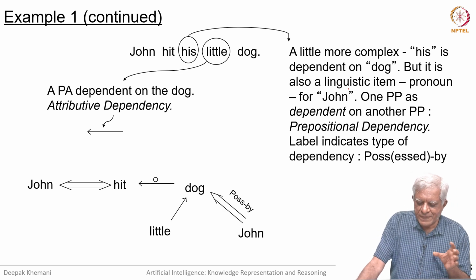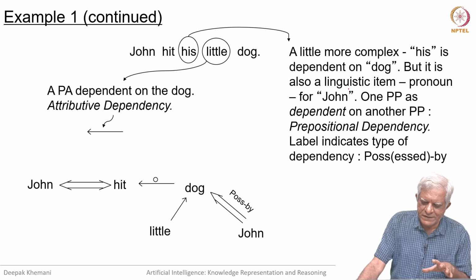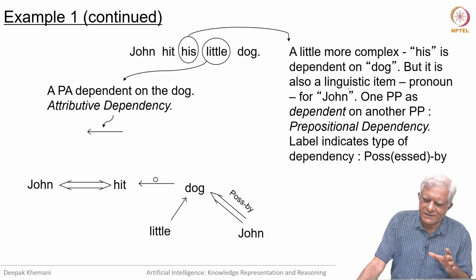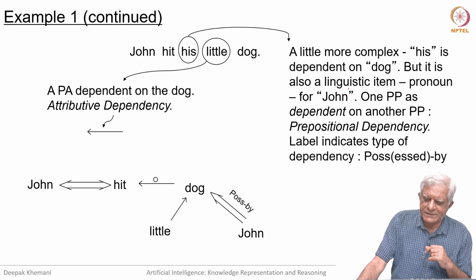So, the dog is possessed by John. This has created for us a small representation of this sentence, John hit his little dog. We will take up from here in the next video.